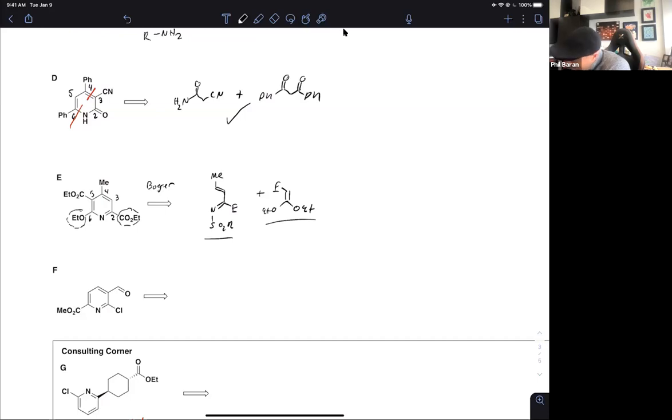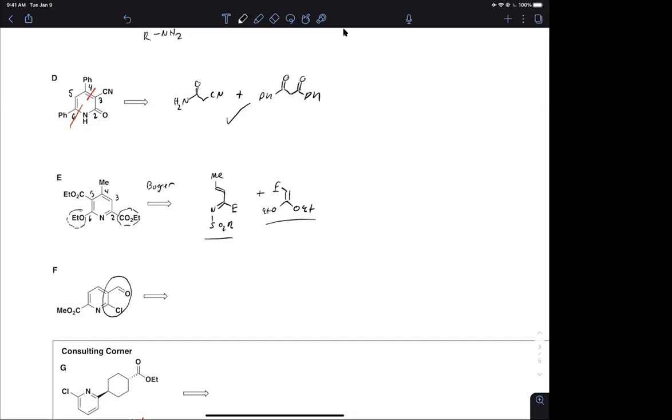F is one that I don't necessarily need you to give me the retrosynthesis of, but I want you to just tell me what you think about when you see a group like that. I think maybe we need to deprotonate the 3 position and use DMF to react with it to add a CHO group here.